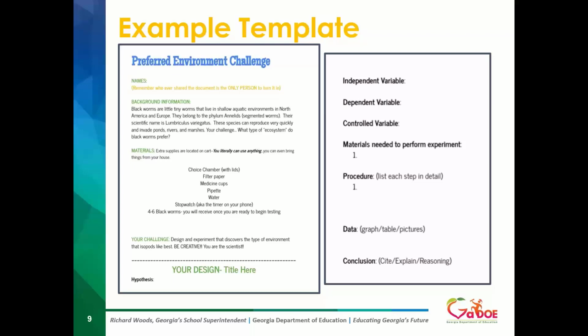Like you could use a plate and half of the plate is going to have one environment on it and the other half is going to have another environment. I know that when we're doing experiments, supplies are really hard to find. And so being super creative with supplies is really crucial in allowing your kids the freedom of creating their own experiments. And I'm going to talk more about that in a second.